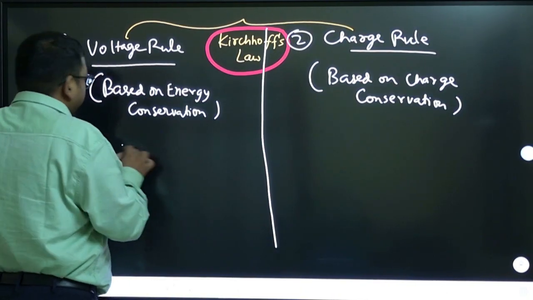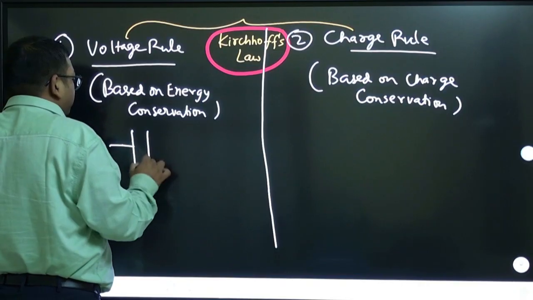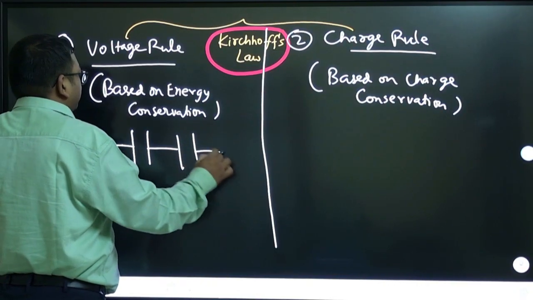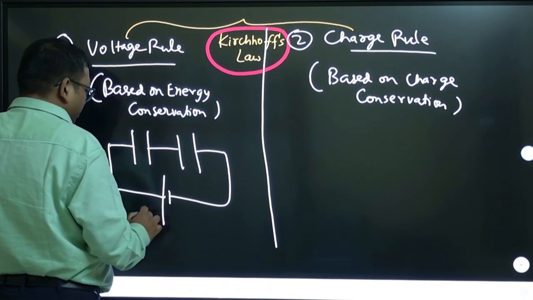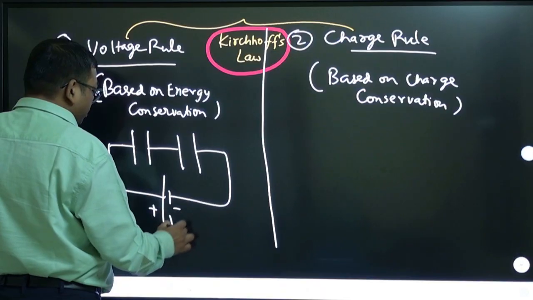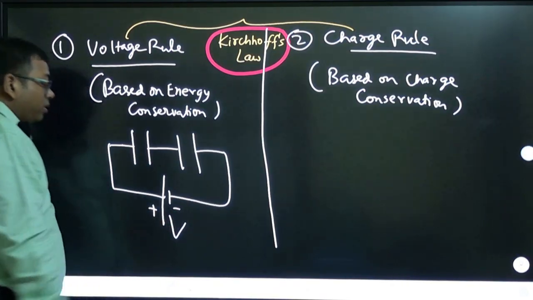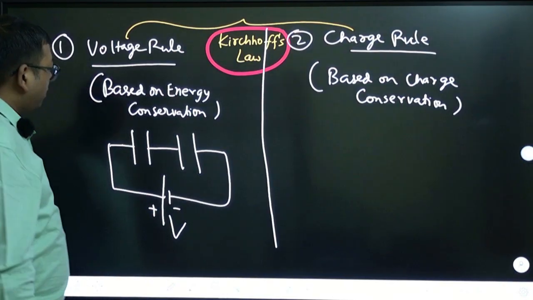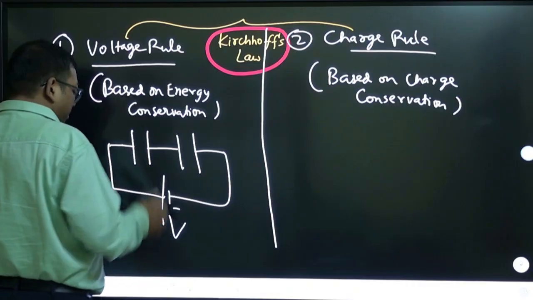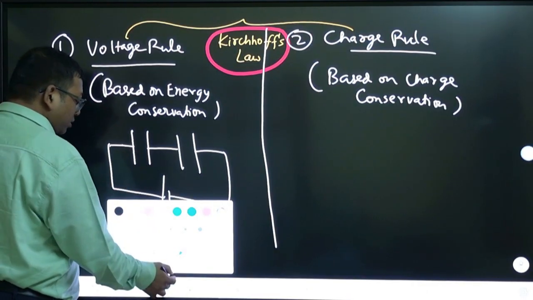Suppose that there is a circuit where we have two capacitors connected with a battery. Battery has plus and minus, it has voltage V. This V is the voltage difference between the terminals of the battery, and it will be sending charge, so the capacitor will store some charge, right?